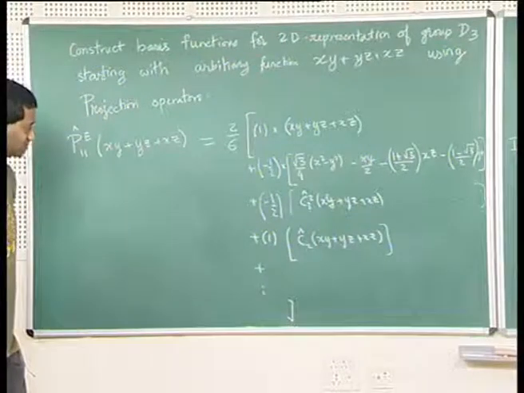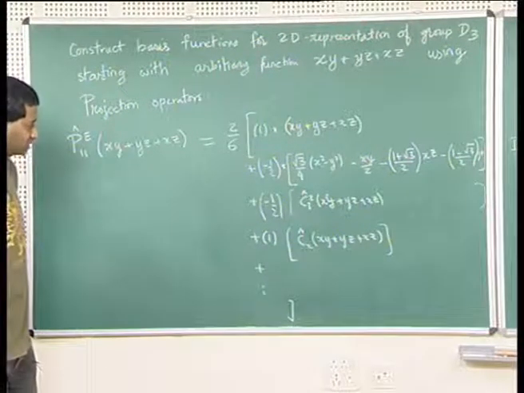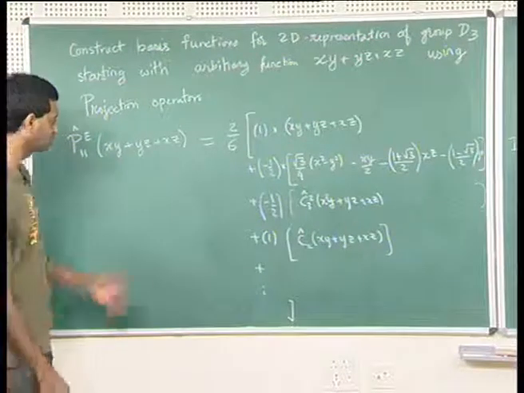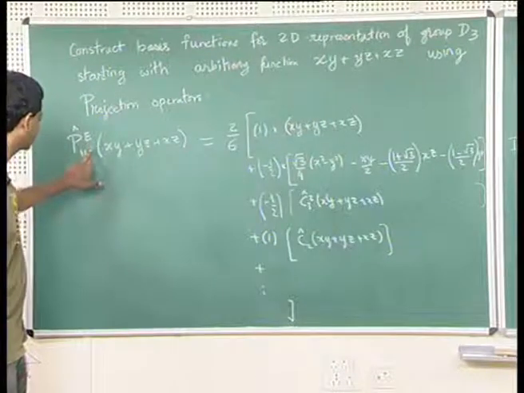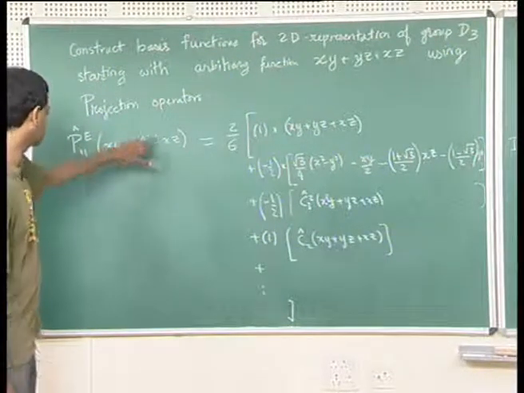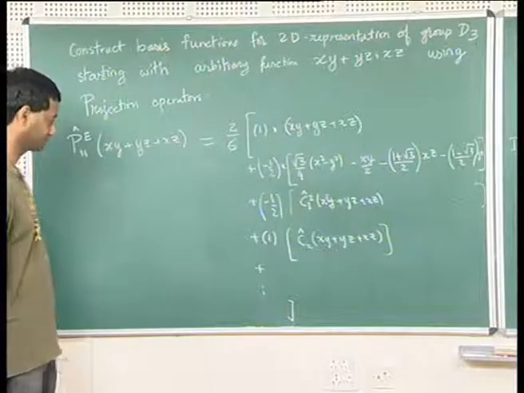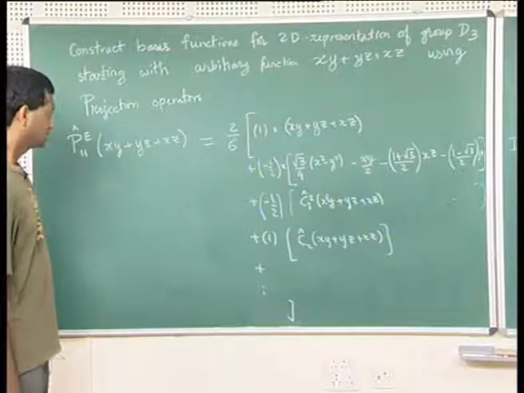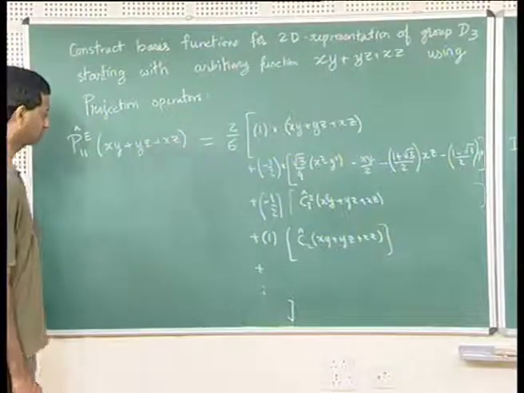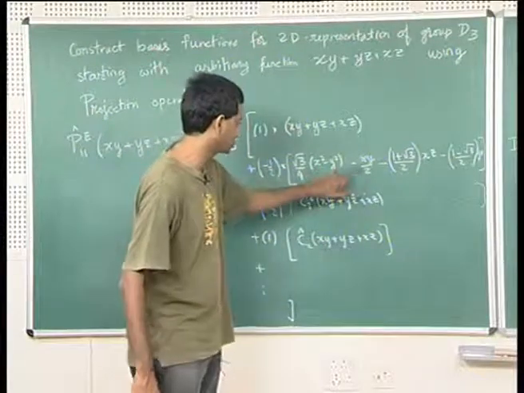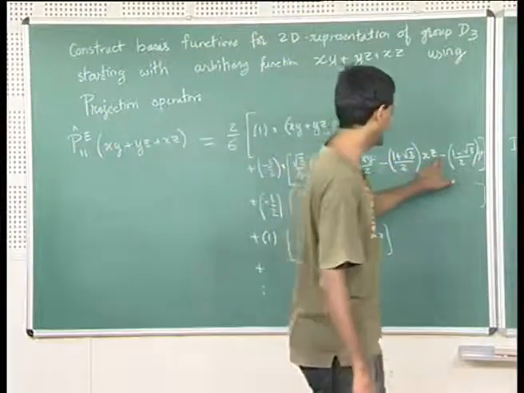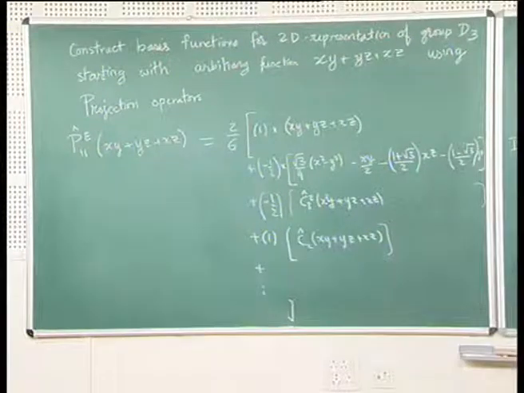When you collect all of them together, you will get some function, and that function tells you the 1 1 projection. If you work out the whole thing, you have terms like x square minus y square, terms like xy, terms like xz, yz, and you collect all the terms together and you get a very simple looking expression.